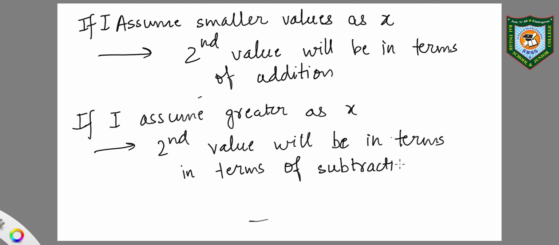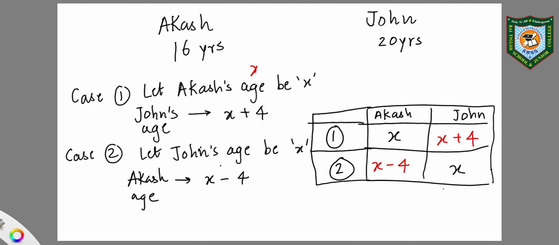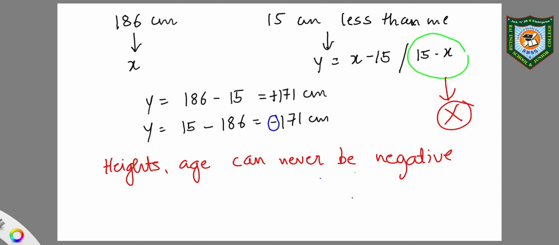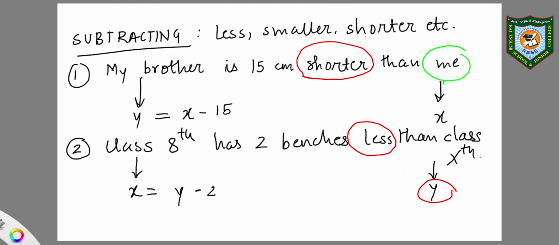Now, all of you might wonder why we are trying to learn this. The reason is this particular page. Remember back when we were learning how subtracting terms work, we started to write 15 minus x.